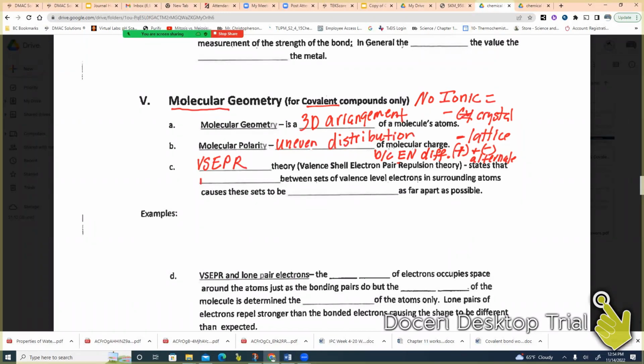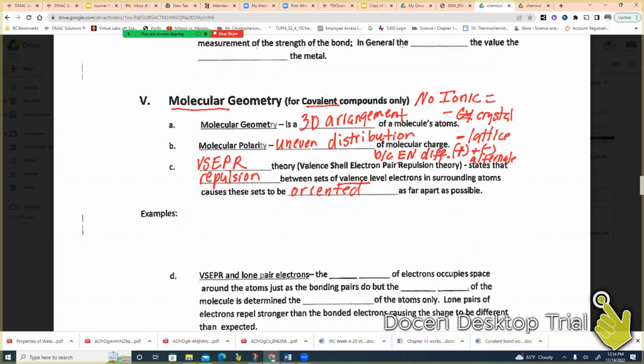And that states that repulsion between sets of valence level electrons, so once again, we're really only worried about our valence electrons and surrounding atoms, are oriented to be as far apart as possible.